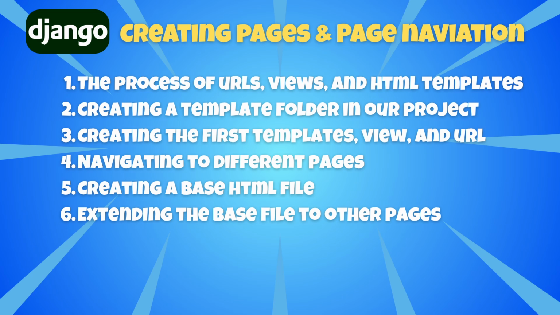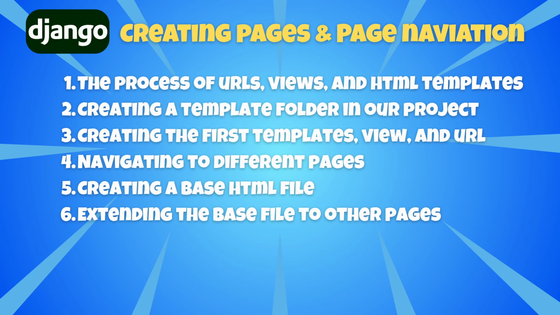Now, to realize that, we will be following 6 steps. We're going to start with a basic explanation of the process of creating pages, which includes URLs, a view, and a template. Then we're going to get started, and we're going to start by creating a template folder in our project and then creating the first templates, views, and URLs so that we can see the output in our app.